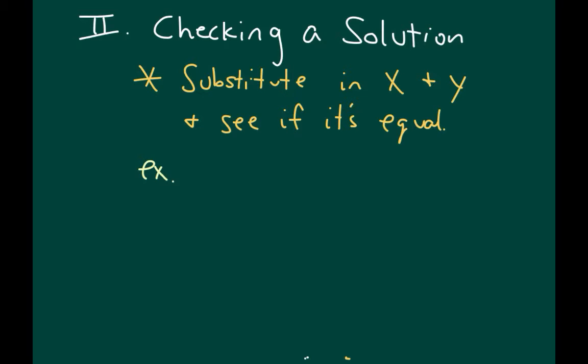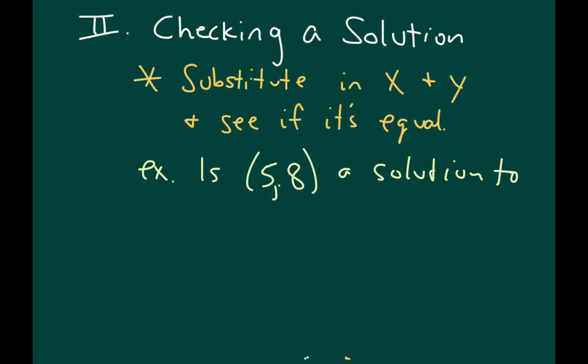And maybe you'd see a question that says something like, is the point 5, 8 a solution to y equals 2, then in parentheses x minus 1. So it could be that you just found 5, 8 as a solution, you want to check it. It could be that someone's asking you to check it.